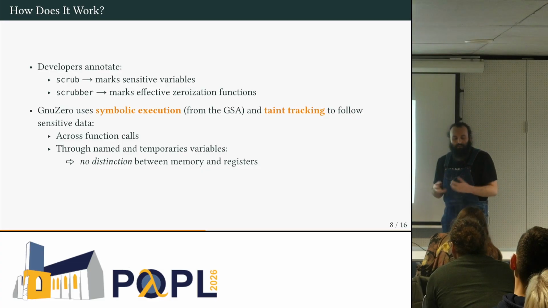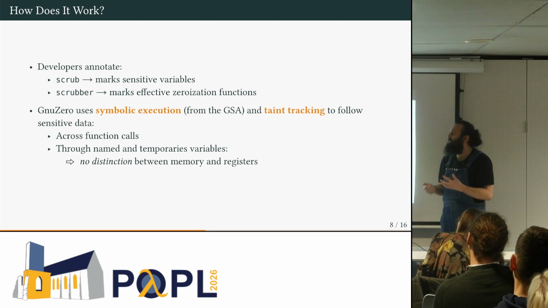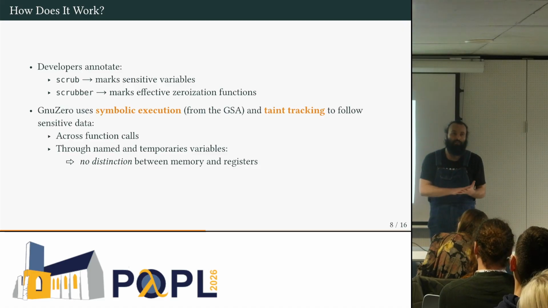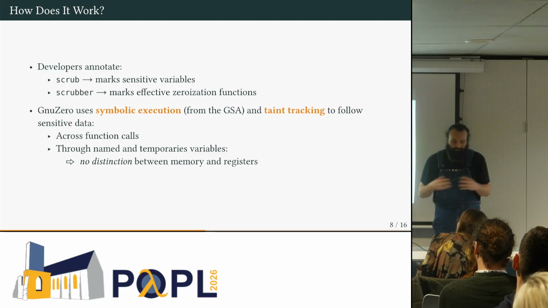And so GnuZero relies on the symbolic execution of the GSA and taint tracking to follow sensitive data across function calls, but also through named and temporary variables that might be created by the compiler during the compilation.